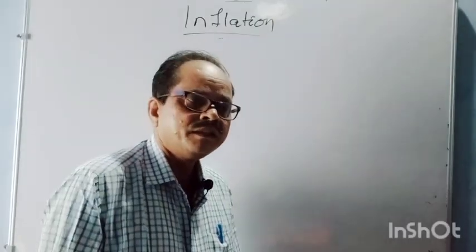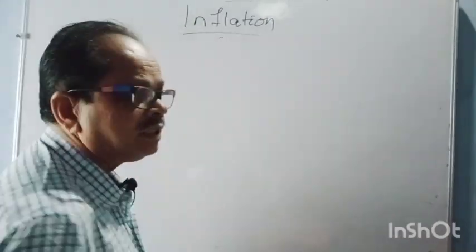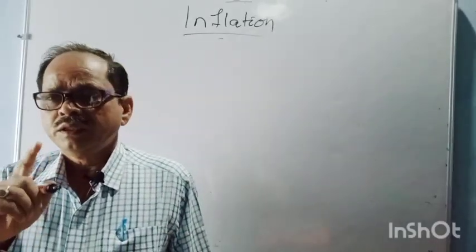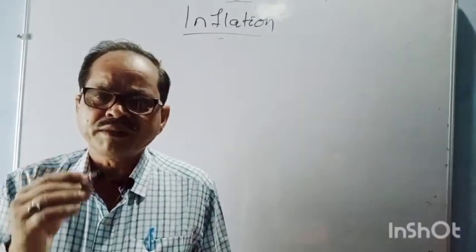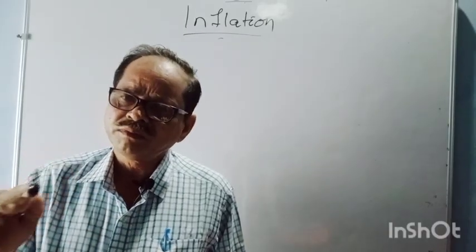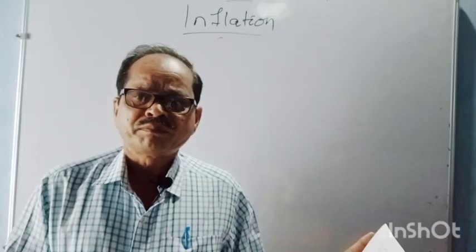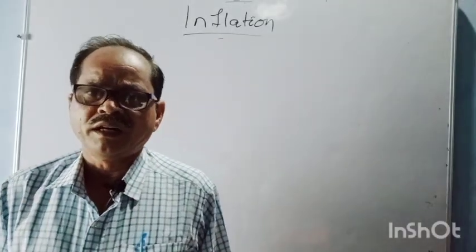First, let me explain what inflation is. You know that every day the price rises in most of the commodities. Last month the price was something, but it rises this month.